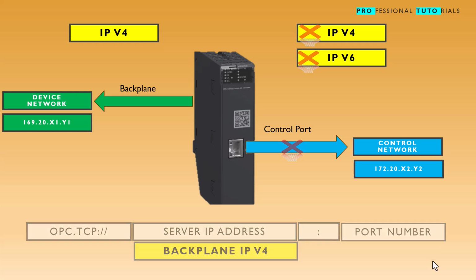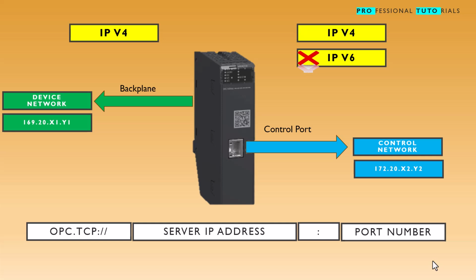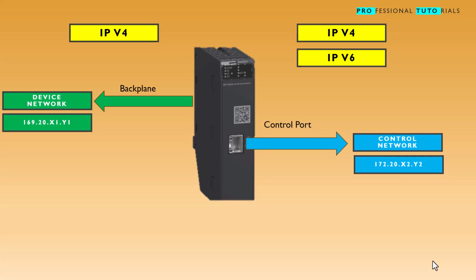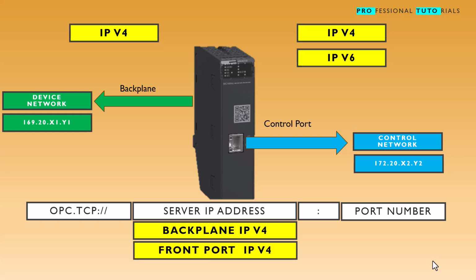Now, with the front port enabled and only IPv4 used, the unique URL will be the IPv4 address of the front port. Finally, when IPv6 is activated for the front port, SCADA can use three URLs: the backplane IPv4 address, the front port IPv4 address, and finally, the front port IPv6 address.